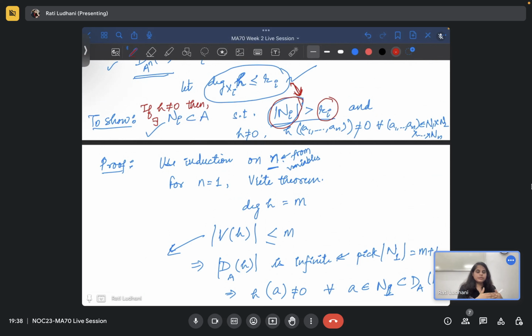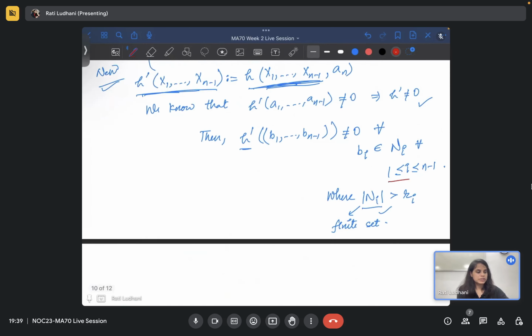That means for n minus 1, I have this fact that if h dash is non-zero, then Ni's will exist such that the cardinality of Ni is greater than ri, and h of a1 to an minus 1 is non-zero on those points. Now we have the n minus 1 part. I don't have the last one, I don't have n for now.